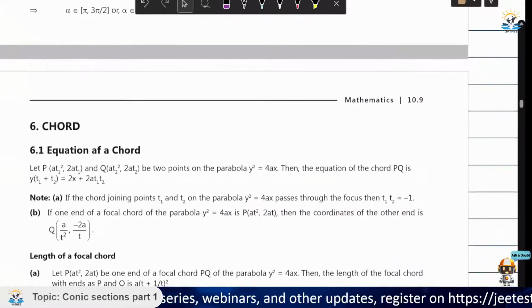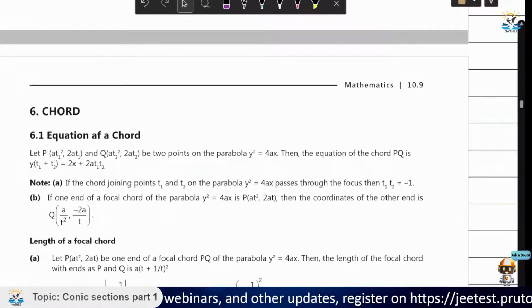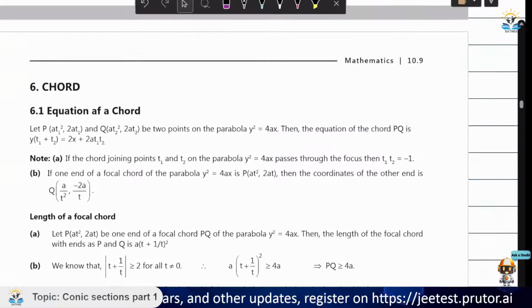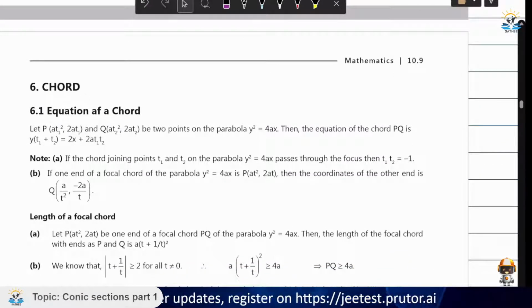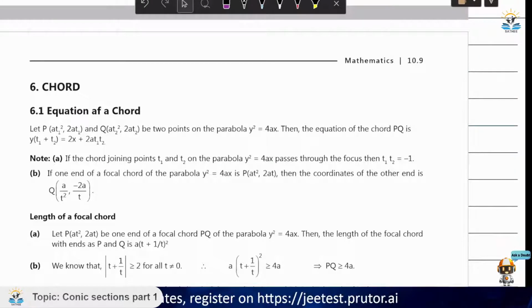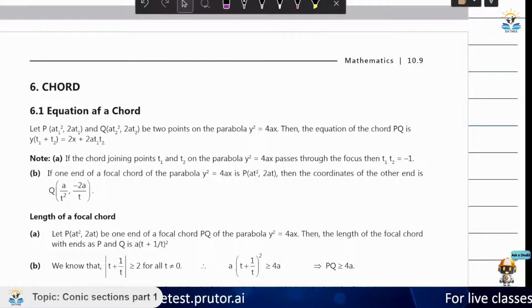Now moving on to the chord part of it. You might be aware of what a chord looks like. A chord is basically a line connecting two points on the parabola itself.